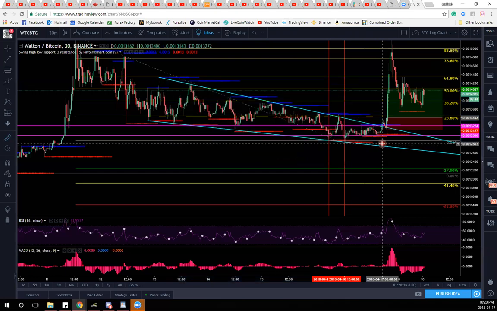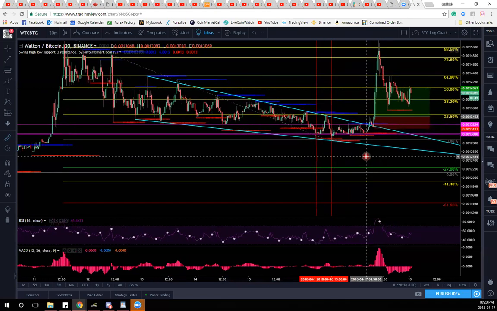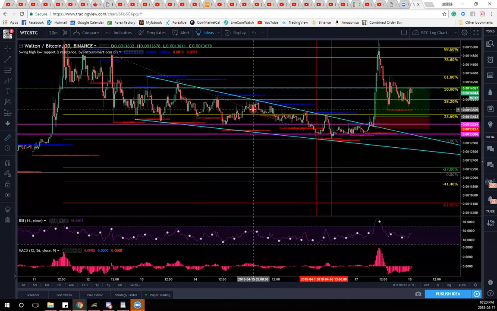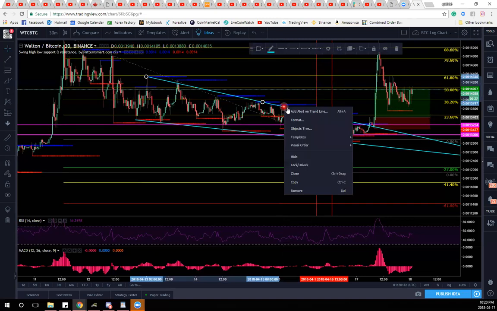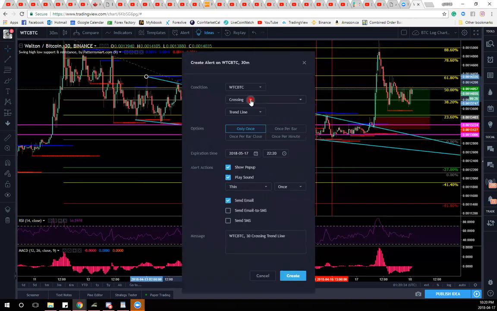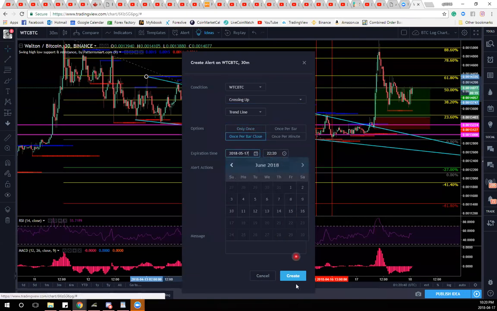But see, what I do, I don't worry about those. After I've been able to draw it, and I'm confident in it, even if it's not completely accurate at first, I have access to alerts, right? So I'll right-click on my line and add an alert: crossing up WTC, once per bar close, for the next month.